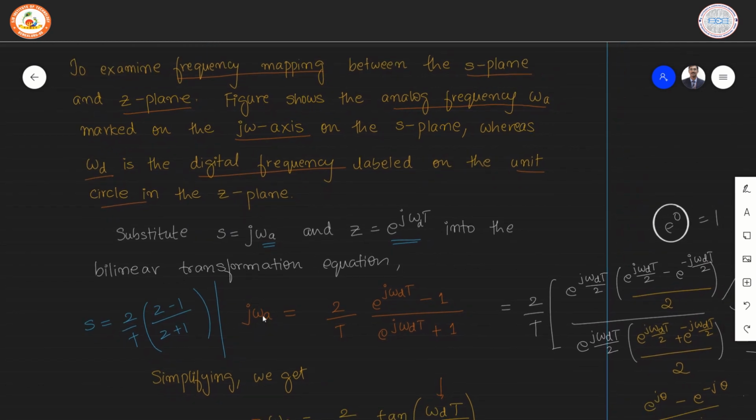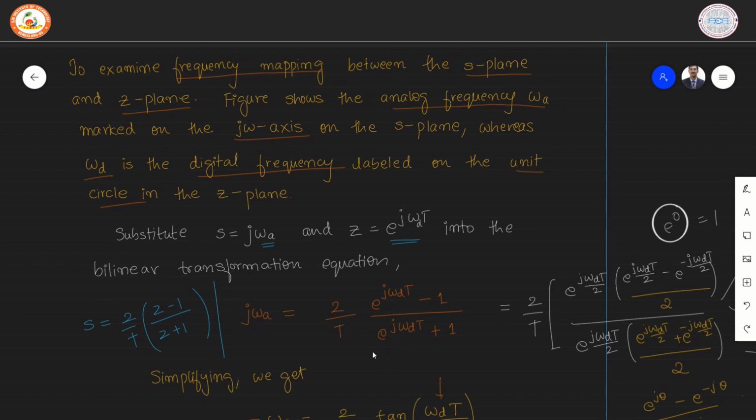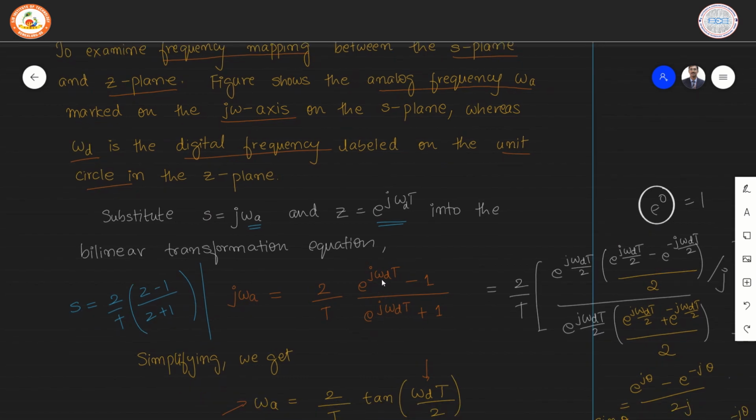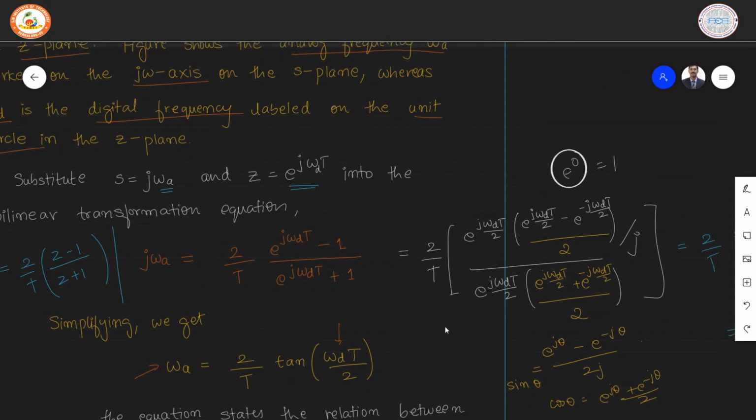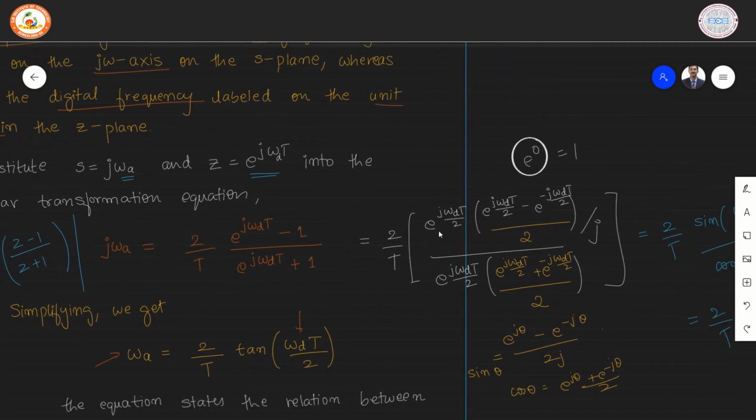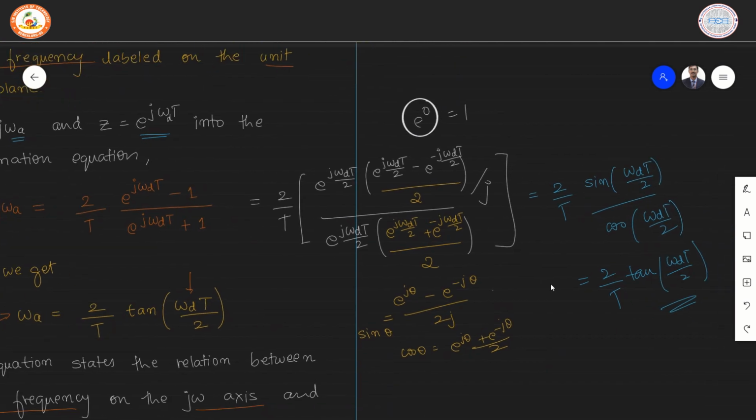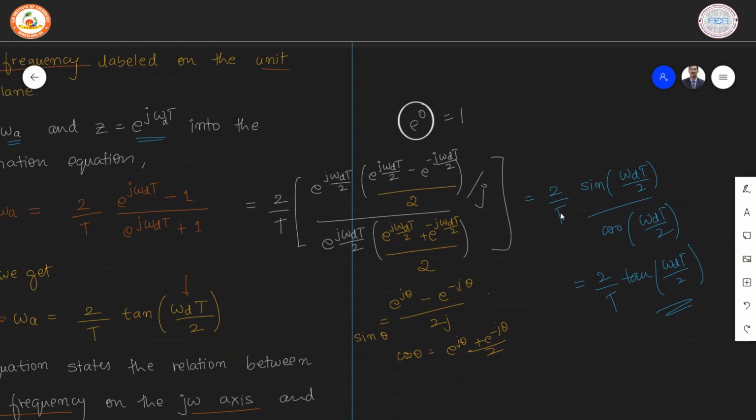First we substitute for S, which is j omega A, and then we have 2 by T times e power of j omega D T minus 1 by e power of j omega D T plus 1. Simplifying this equation, we can take e power of j omega D T by 2 common, and what remains is 2 by T sine omega D T by 2 over cos omega D T by 2. That is 2 by T times tan omega D T by 2.